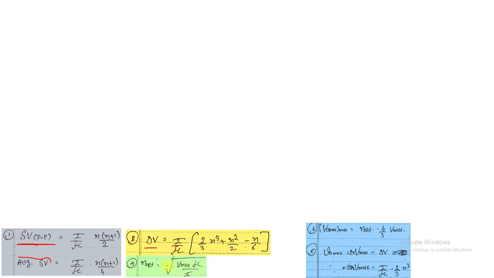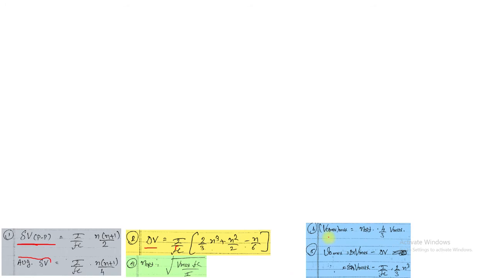The optimum number of stages up to which we can obtain the maximum output voltage from the voltage multiplier circuit is square root of Vmax Fc upon I. So beyond this optimum number of stages, the output voltage of the voltage multiplier circuit gets reduced, so efficiency gets reduced.